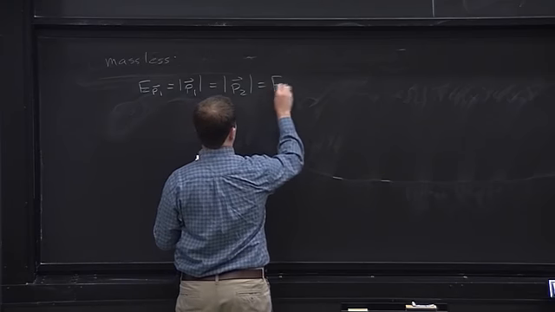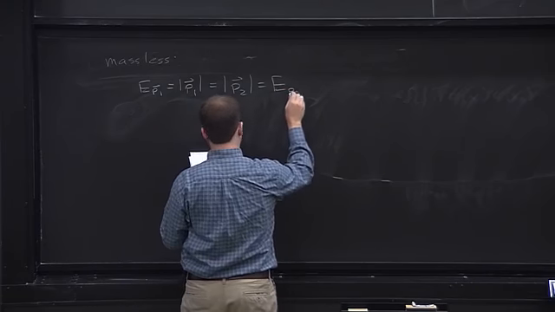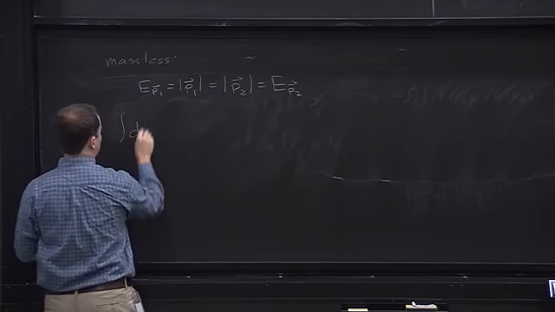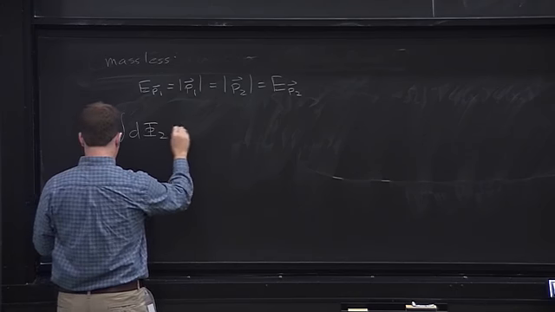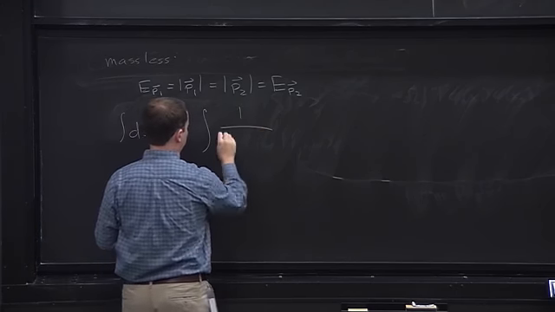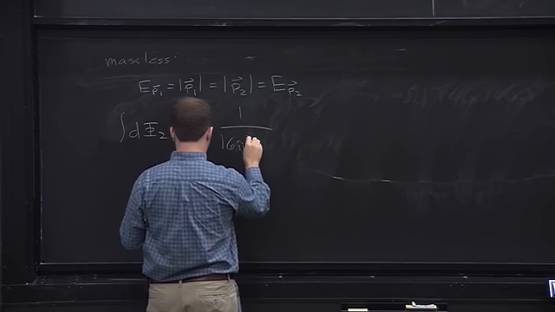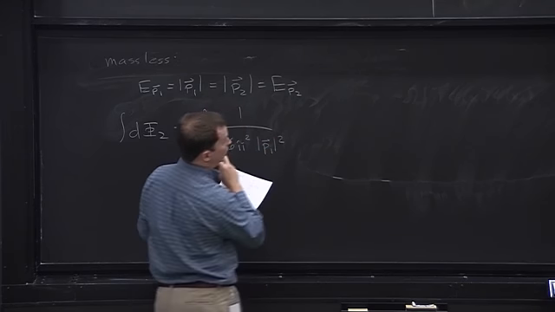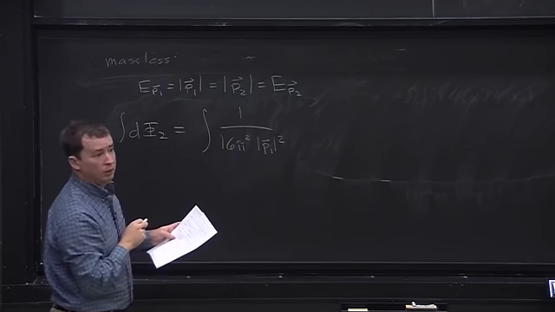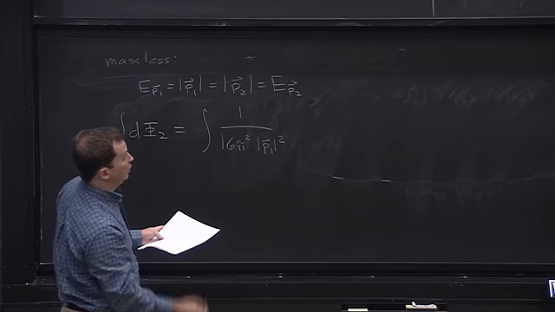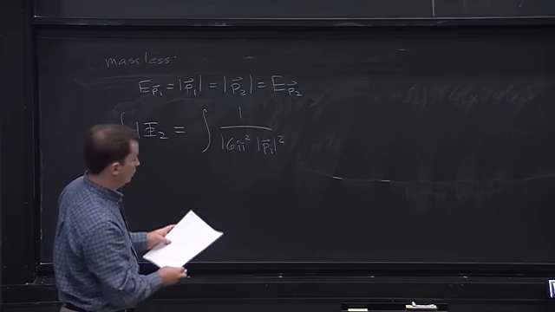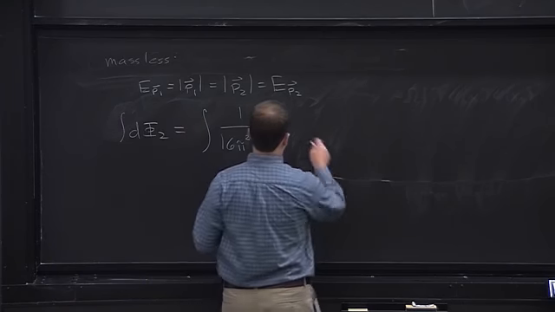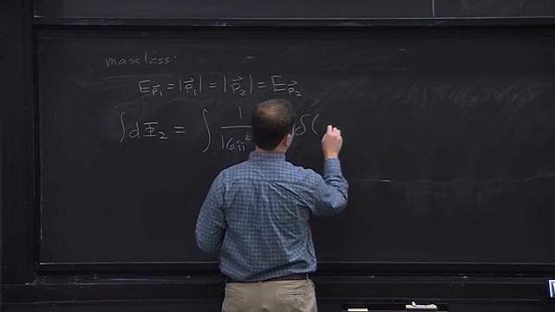That's equal to E_p2. So this integral of the phase space becomes the integral of 1 over 16 pi squared p1 squared. That's from the E_p1, E_p2 in the denominator.